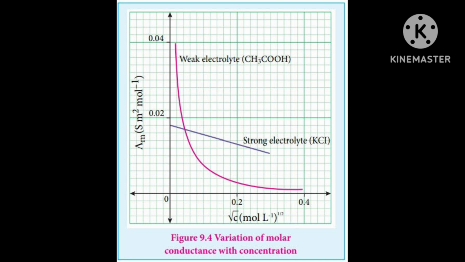What is given? The electrical resistance of 0.05 mole per liter NaOH is given, that is, the concentration and the resistance, 5.55 into 10 to the power 3 ohm, and the diameter 1 centimeter and length 50 centimeter.